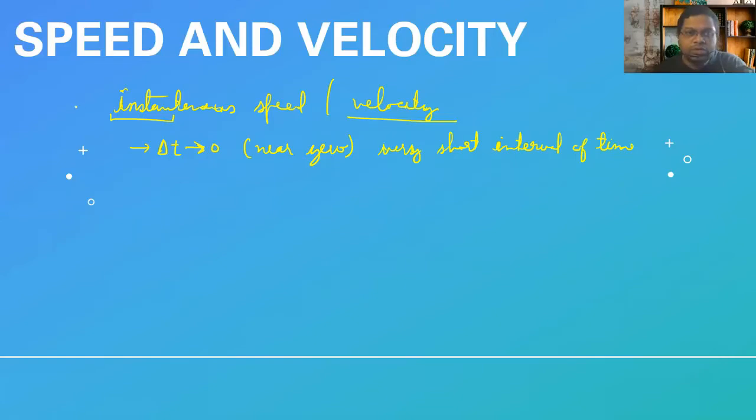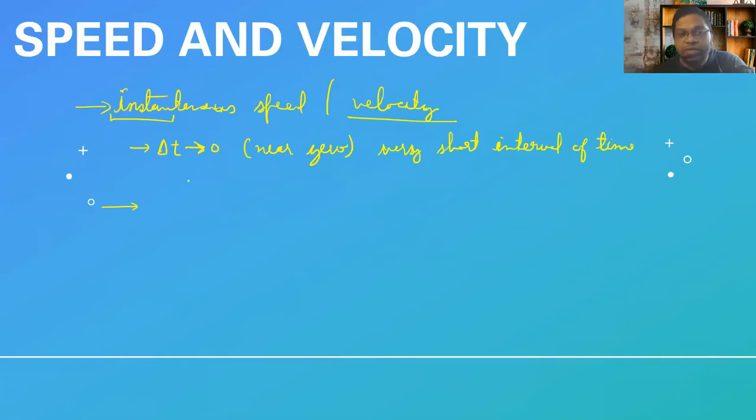Okay, students, something like, if you are in your car and you see the speedometer of the car, that tells you how fast your car is traveling. So suppose you look at it and you realize that the speed is 50 kilometers per hour. So you know that the speed right now is 50 kilometers per hour. And to that you add direction.